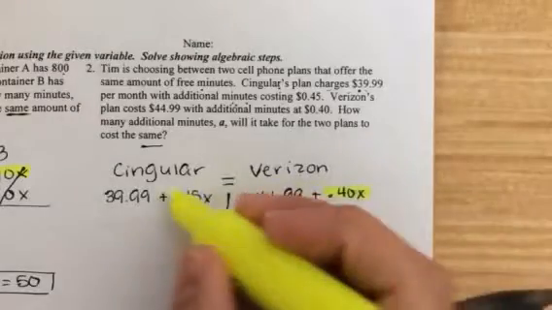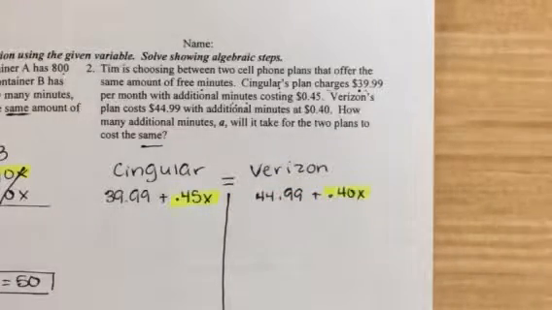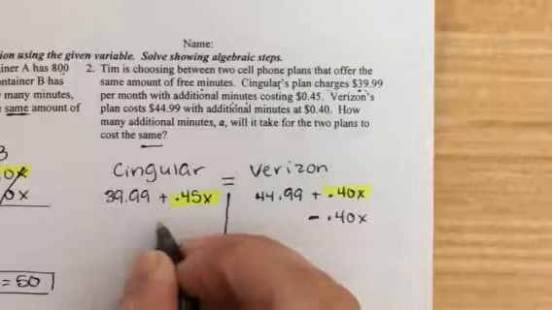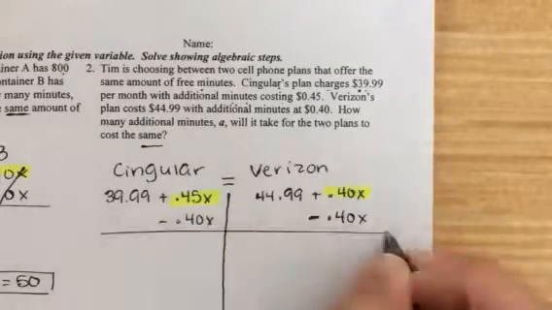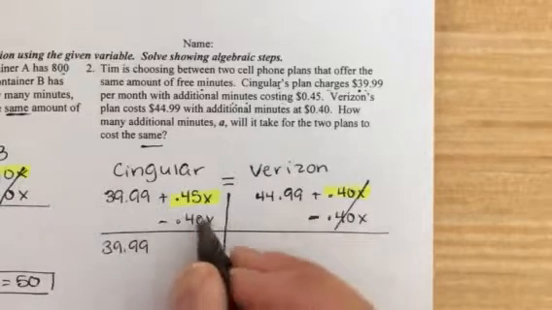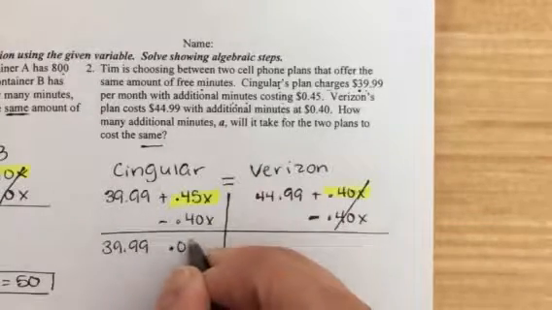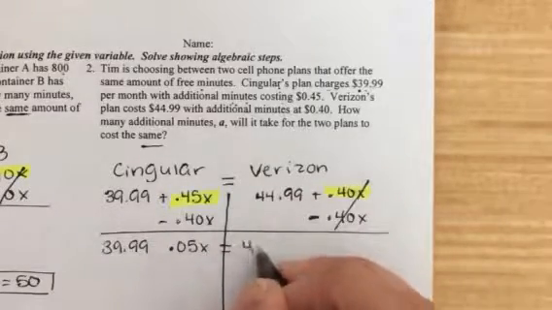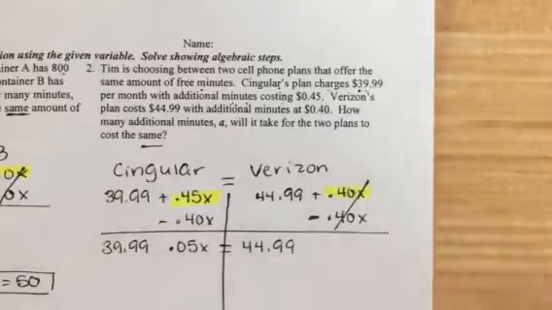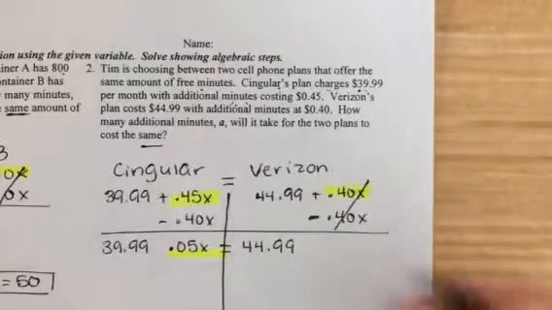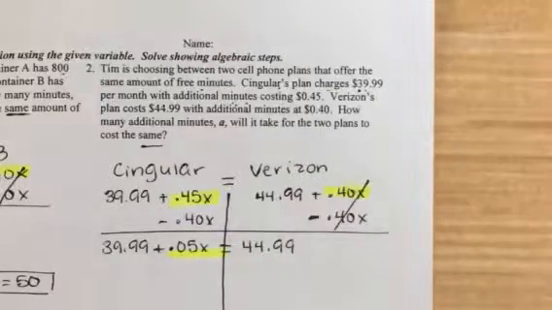Now same method. Go ahead and highlight your variables and look at the smallest one. It's the 0.40. So we will go ahead and do the opposite of that. Subtract it. So that gets canceled out. 0.45 minus 0.40 is 0.05. Don't forget that there's a 0 there. And bring this down. We will still highlight this. Remember that it was a plus, sorry.